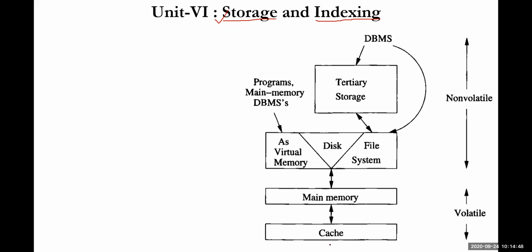Underneath this cache memory, we have one unit. That unit is called the CPU, Central Processing Unit, otherwise the microprocessor. Every operation will be done by using the microprocessor only, so we are not interested in showing the microprocessor in this diagram. We are mainly concentrating only on storage here.